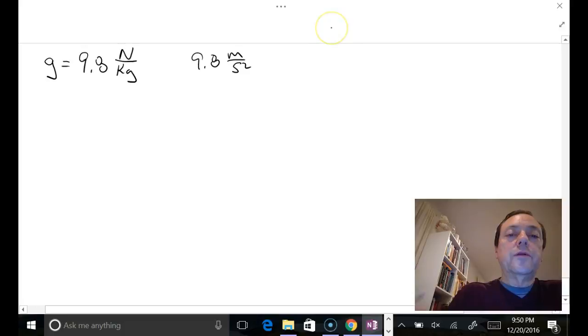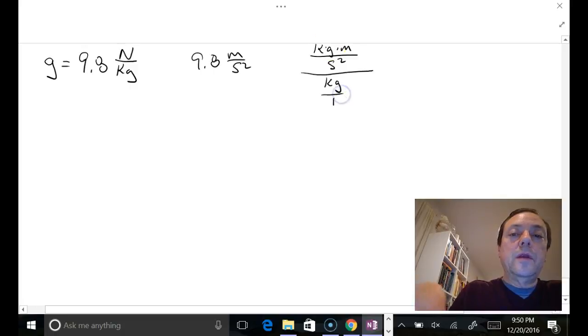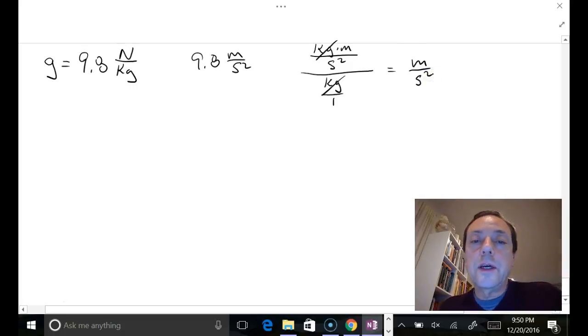Now, a newton per kilogram is a meter per second squared because a newton is a kilogram meter per second squared. So if I have a newton per kilogram, it is a meter per second squared, dealing with that just as if it were a fraction.